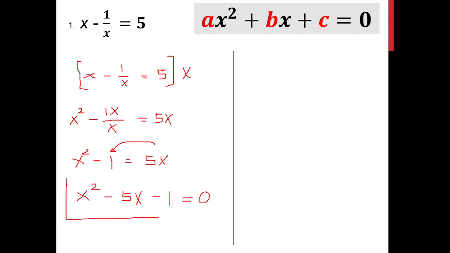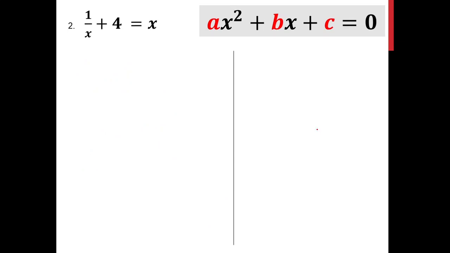So this is the quadratic equation for our rational algebraic equation here. Again, the purpose of this is simply to eliminate our fraction. This x can cancel out that x, leaving you with the numerator 1.